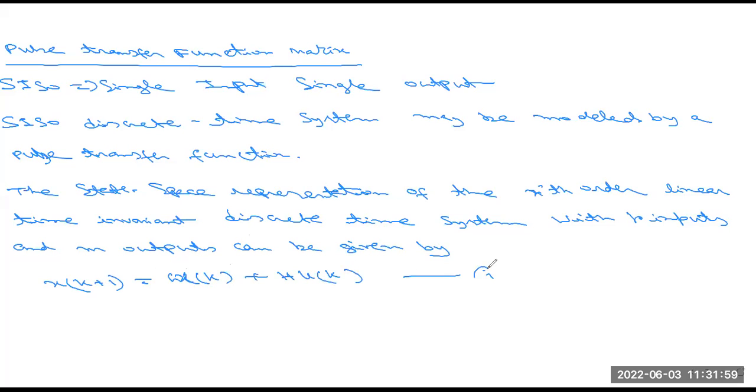This is equation number 1. And the output equation: y of k is equal to C x of k plus D u of k. Equation number 2.